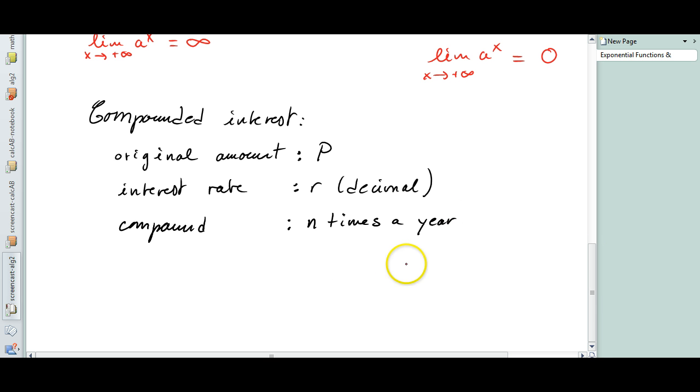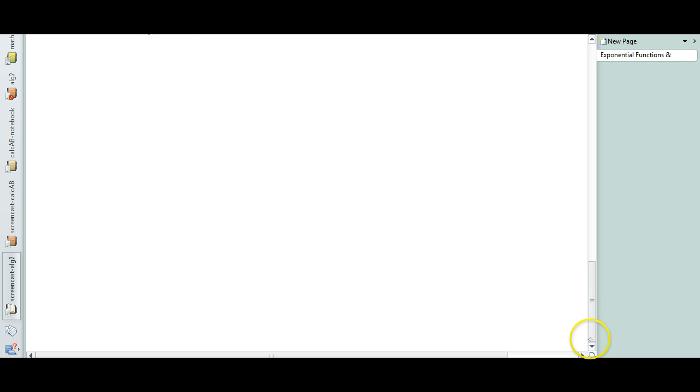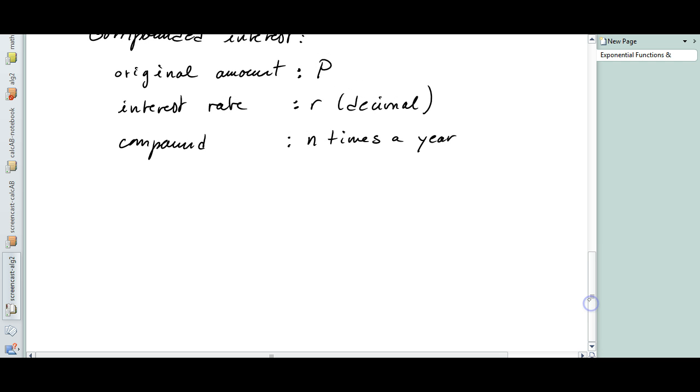The formula in this case is, A of t, I'll tell you what that is, okay? It's the amount you have in your account, equals P times 1 plus R divided by n to the power of n times t, okay?